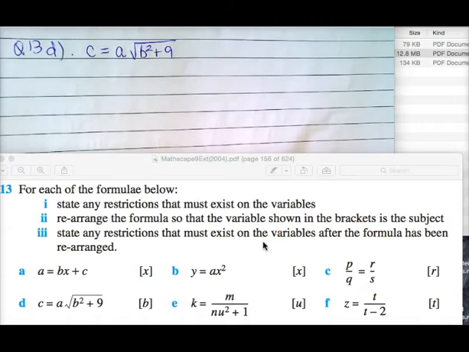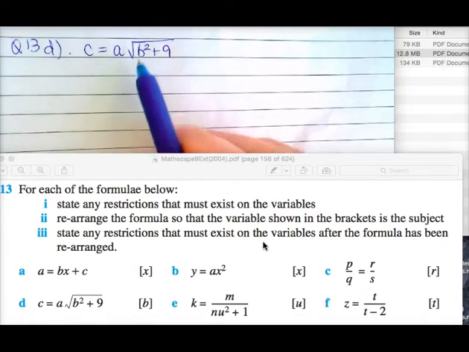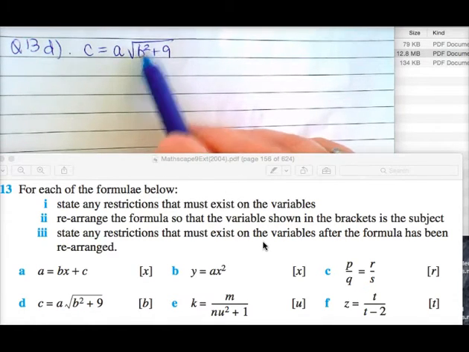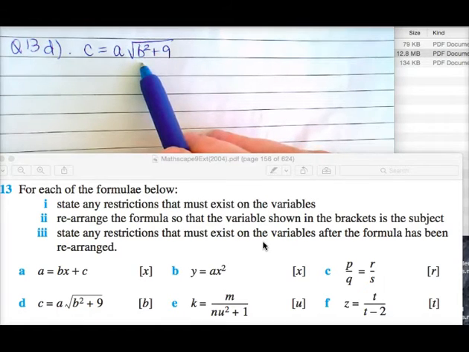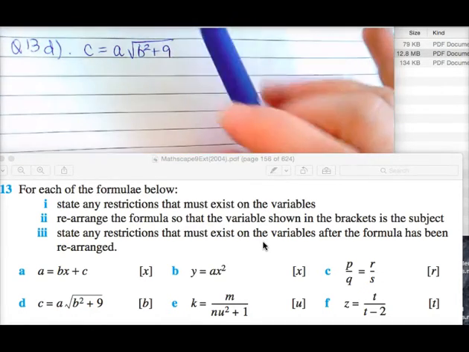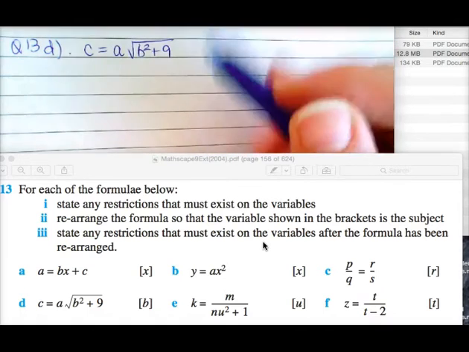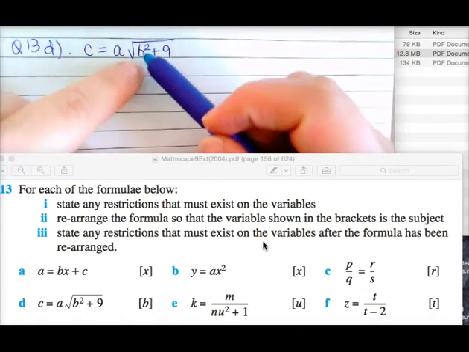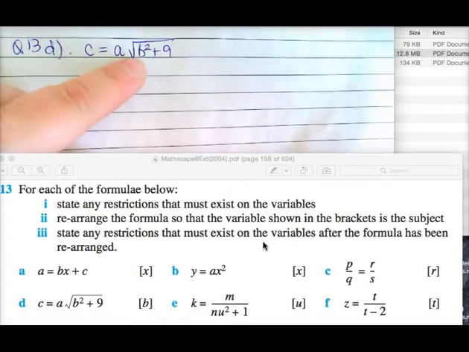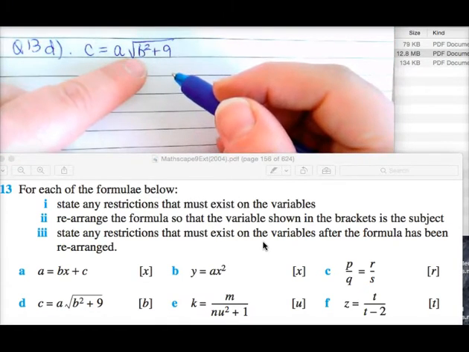Whatever b is, doesn't matter if b is negative or positive. What's b squared always going to be? Positive. Is b allowed to be any value? Except 0.